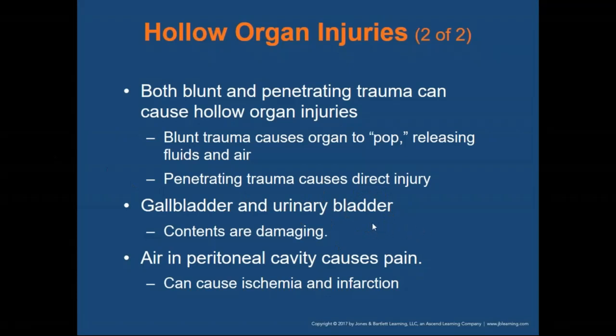Gallbladder and urinary bladder spill their contents into the abdomen, and can have catastrophic effects. Interestingly enough, urine doesn't irritate the peritoneum, so you don't get that abdominal rigidity from urine.